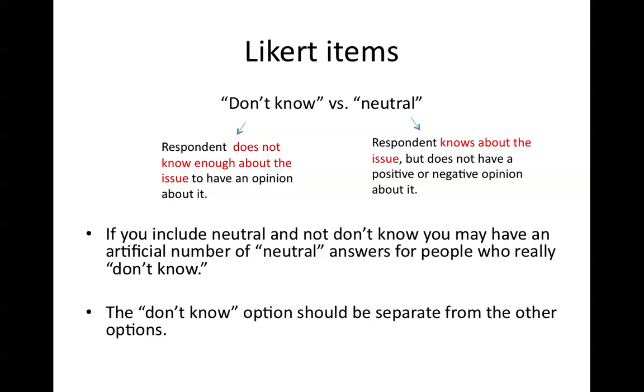So if you're truly interested in knowing the difference between somebody who doesn't know enough about the issue and someone who knows about the issue but does not have a positive opinion about it either way, you should probably include both don't know and a neutral category. If you include neutral and don't include don't know, you may have an artificial number of neutral answers from people who really just don't know. And the don't know option should be separate from other options, just like the neutral as well. So it's all about what exactly you're hoping to accomplish with your research question.